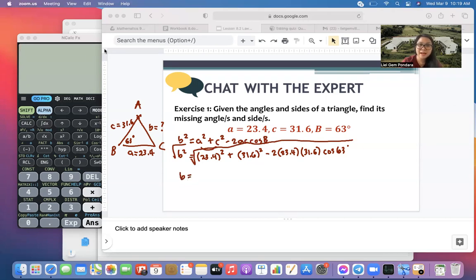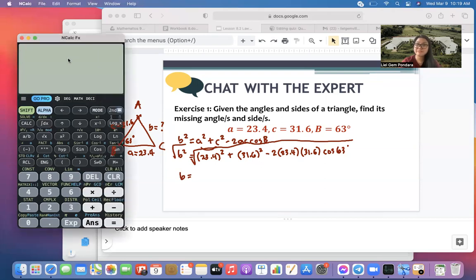Now after substituting the values, you need to use your calculator. You start with a square root. You see here? Let me start typing: 23.4 squared plus 31.6 squared.